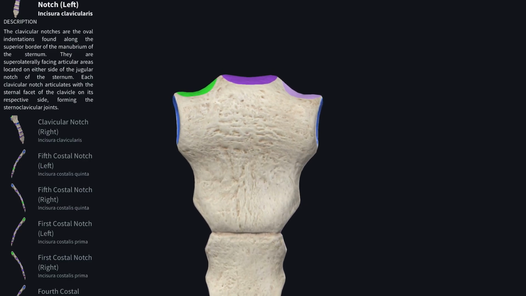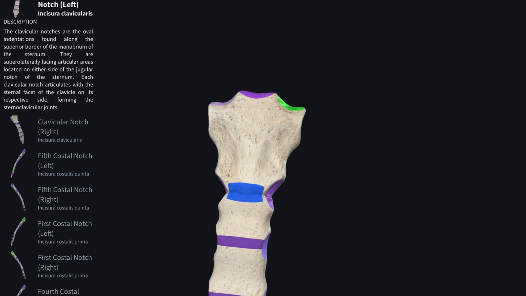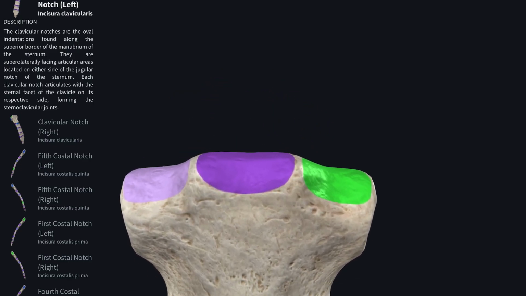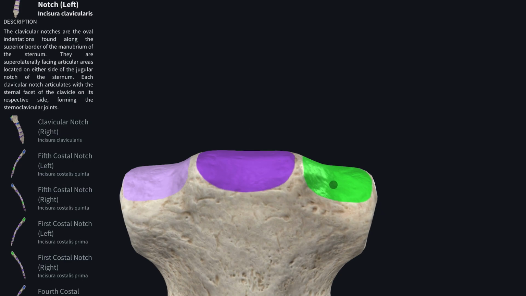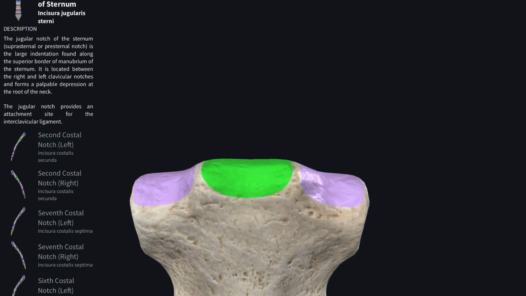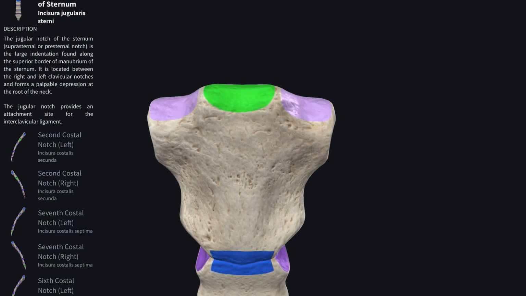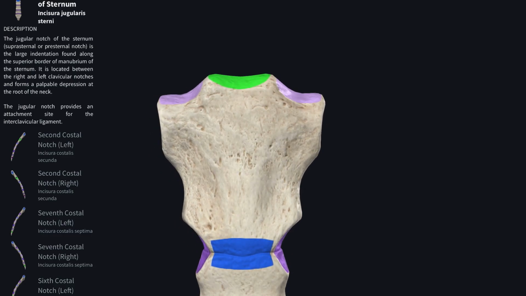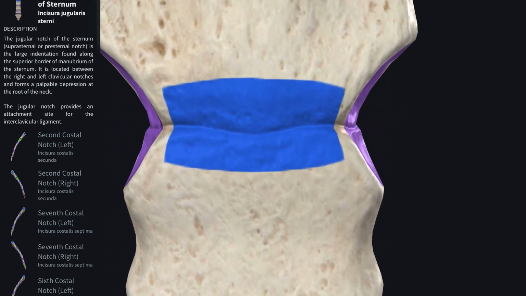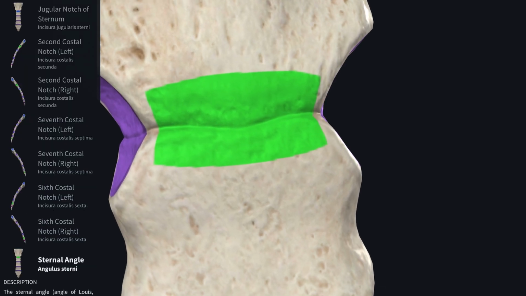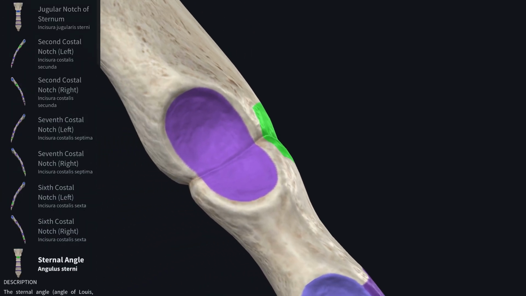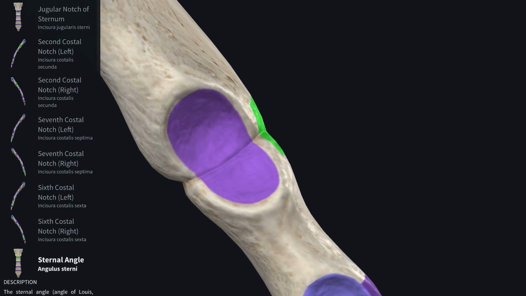So looking at this from the anterior side, this is going to be your clavicular notch. Here's going to be your jugular notch, or that suprasternal notch. This blue sitting right here, that is going to be your sternal angle. So as you can kind of see, it makes an angle right there.